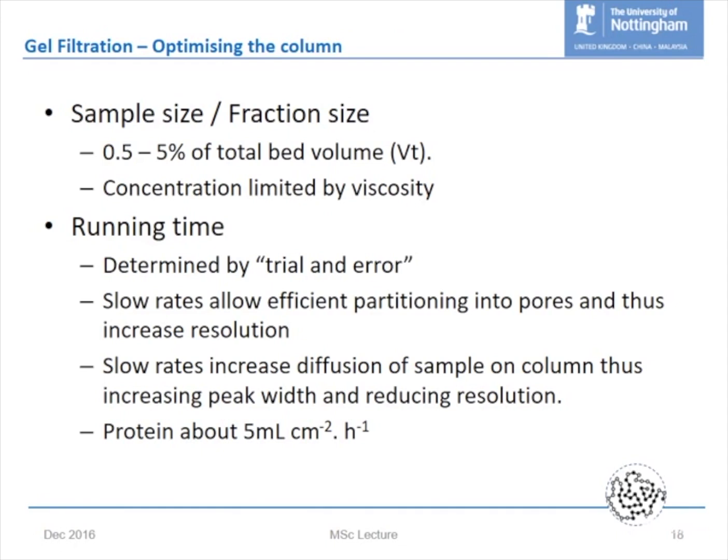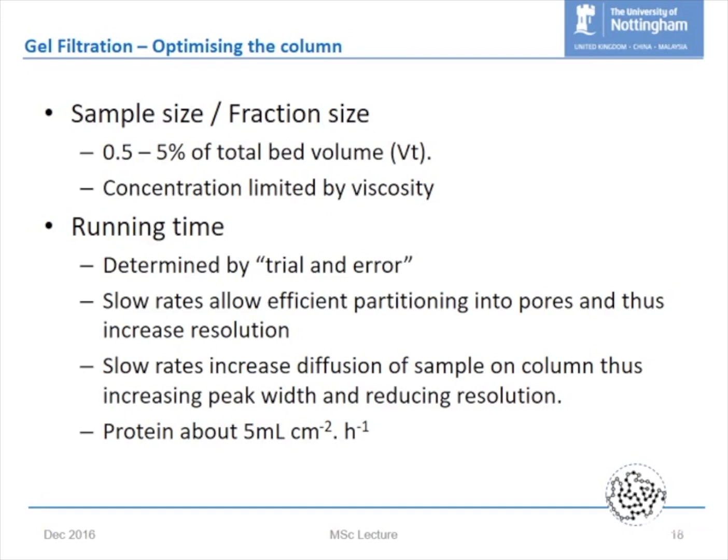flow rate. We've spoken about it already in the context of general chromatography, because don't forget we're trying to strike a balance between longitudinal movement and radial interaction with the bed. So in terms of trying to improve your conditions, one thing that you've got available to you is the flow rate.